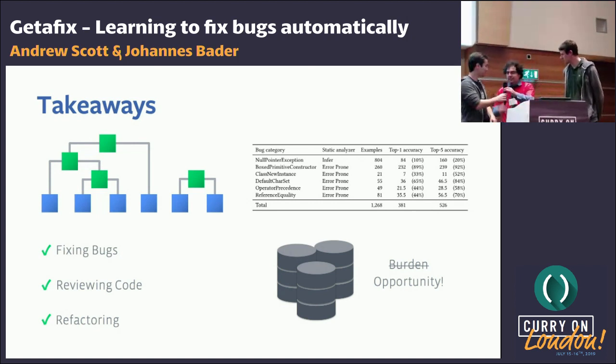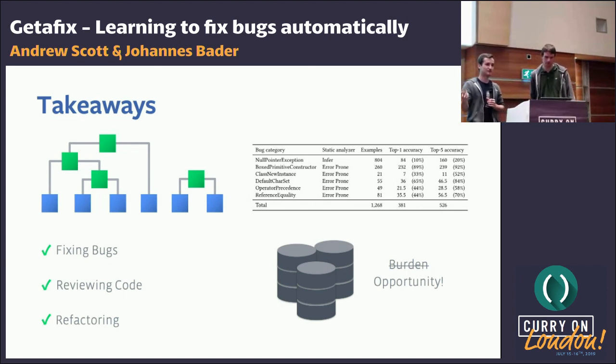Apparently, you need to use the mic and repeat the question. Okay. The question was, have we looked into using more local, way faster analysis before invoking, for example, all of Infer, to more quickly discard fix candidates that are obviously wrong according to some semantic properties? We haven't looked at that so far, mainly because in our architecture we try to be as agnostic to programming language and tool, like Infer, as possible.